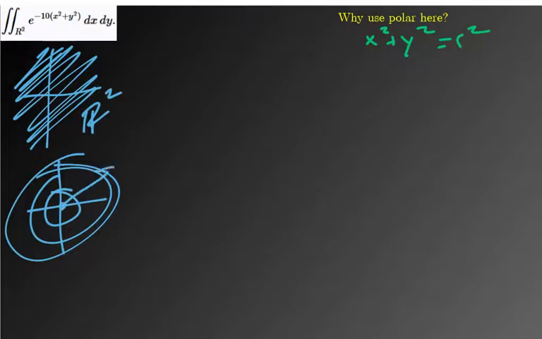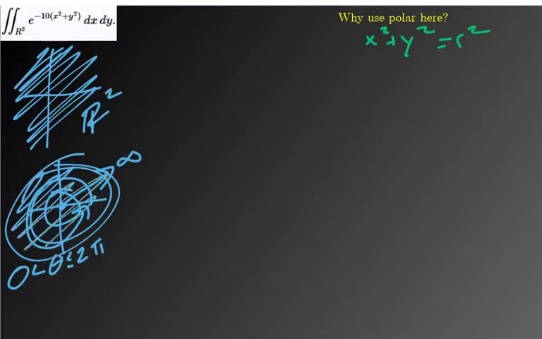But the radius just goes out to infinity, and the angle would be a full 2 pi. If I set up bounds like that, I would still get all of R2, but I get it with polar instead of rectangular. That's the idea here.